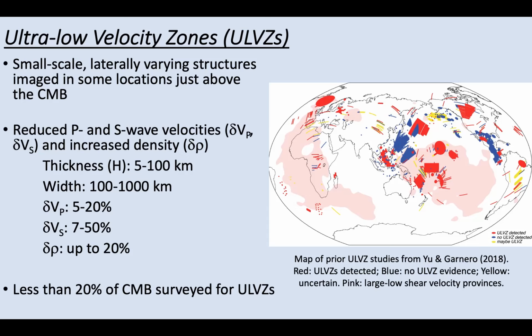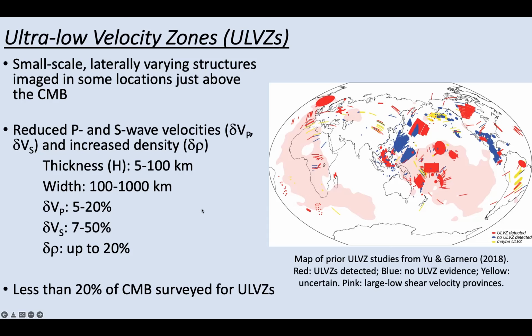Generally speaking, ULVZs are characterized by pretty dramatic reductions in both P and S wave seismic velocities and are usually associated with an increase in density. That said, across the different studies that have been conducted, there's a pretty significant range of ULVZ characteristics that have been suggested. I've summarized those here on the left.